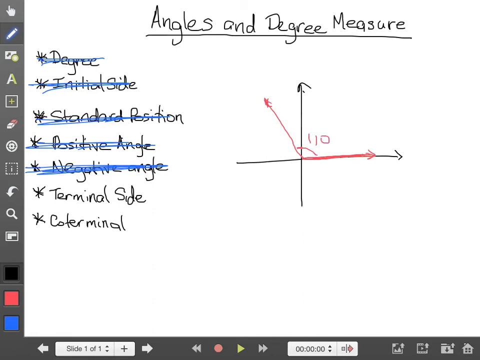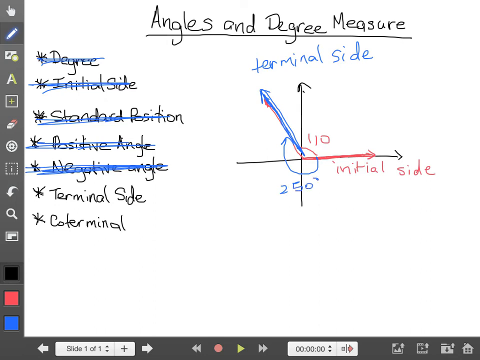This side, so let me highlight it in blue here, this line here where our angle ends is called the terminal side. Which kind of makes sense because the red one right here is the initial side. So the angle has to start and it has to end.